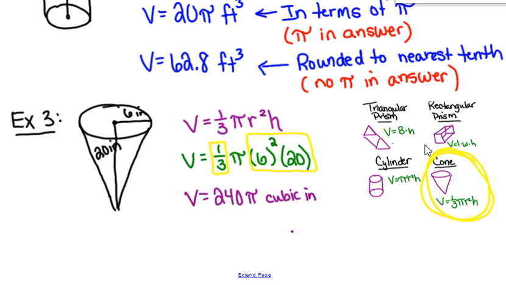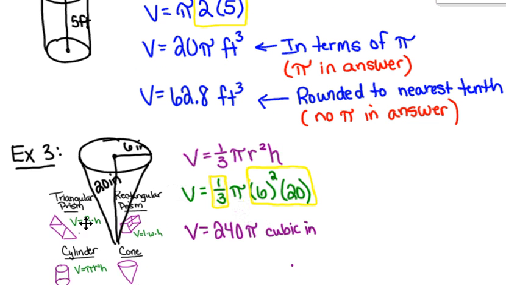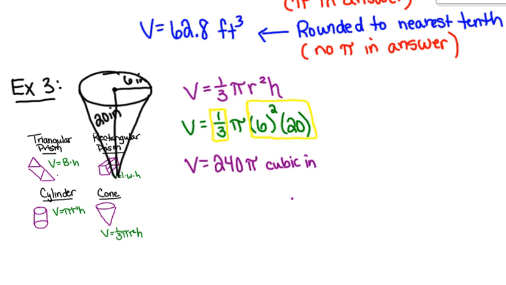When they ask for it in terms of pi, that means that there is indeed a pi in your answer. All right, so let me go ahead and move my sticky note. Just a reminder that this is what your answer is going to look like if they ask for it in terms of pi. In other words, there is a pi in your answer.